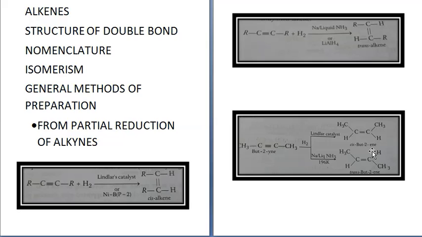But if you reduce it in presence of sodium or liquid ammonia at 196 Kelvin, you will get trans but-2-ene. So the methyl groups, the distance between them is greater. So see, they are at the opposite end. Same way hydrogen atom is also at the opposite end. So this type of but-2-ene is trans but-2-ene.